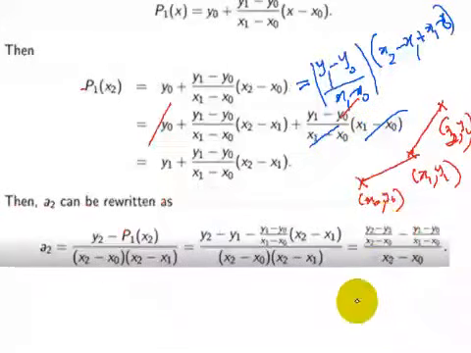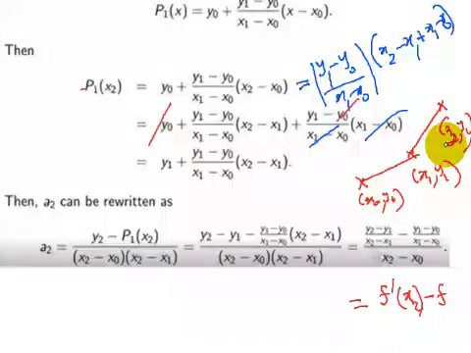This is something like the approximate slope at this point, at x2, minus f prime, the approximate slope at x0, divided by x2 minus x0. What is this?